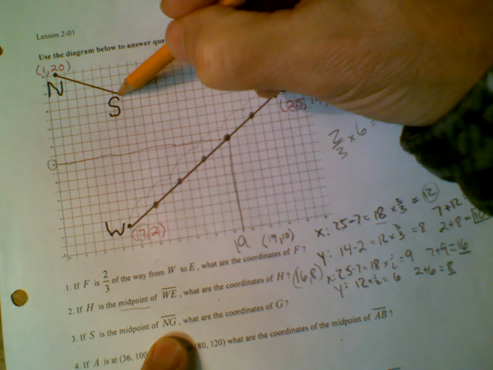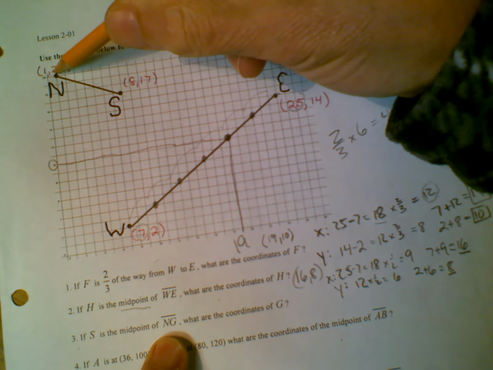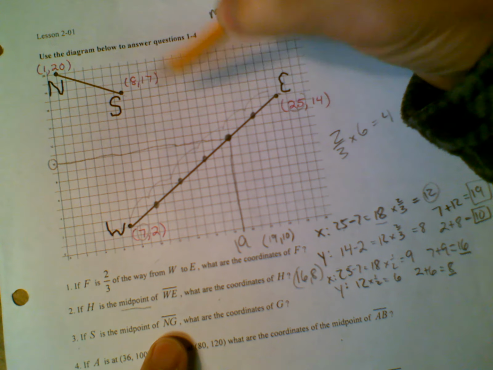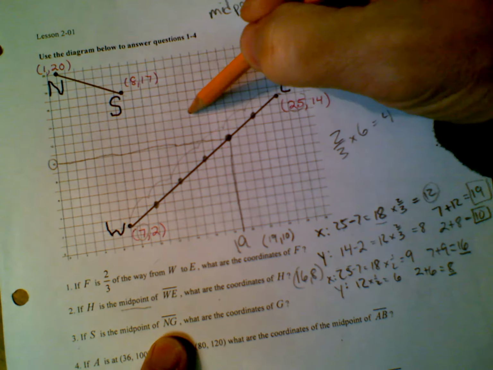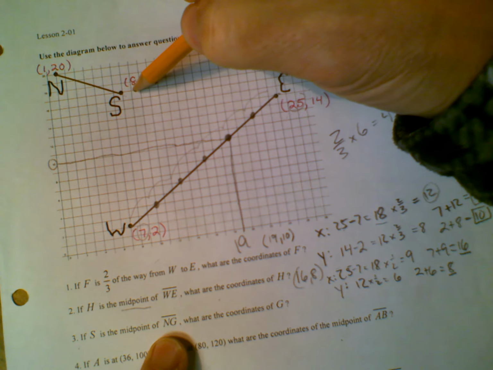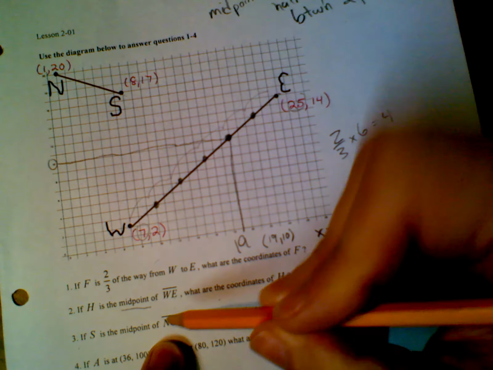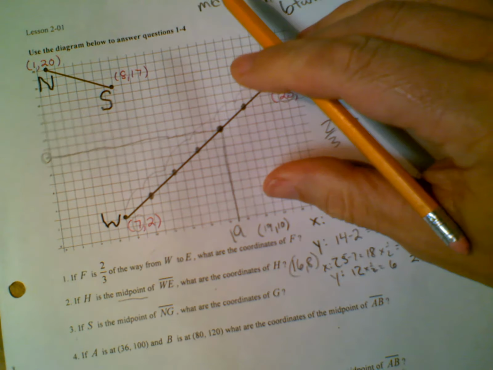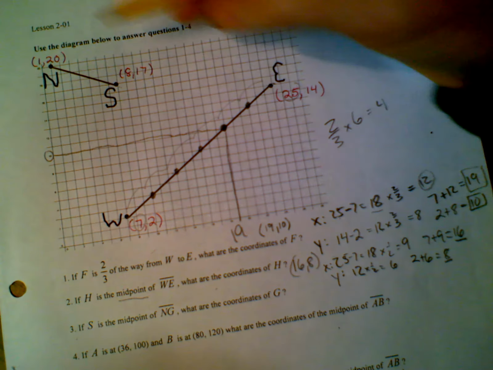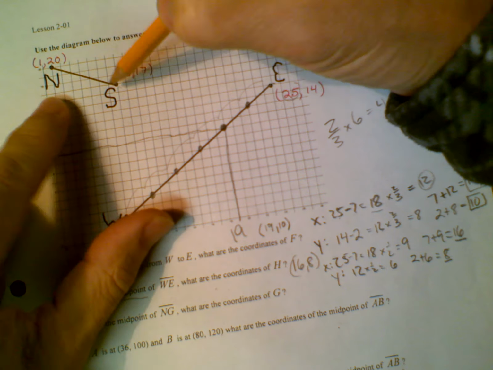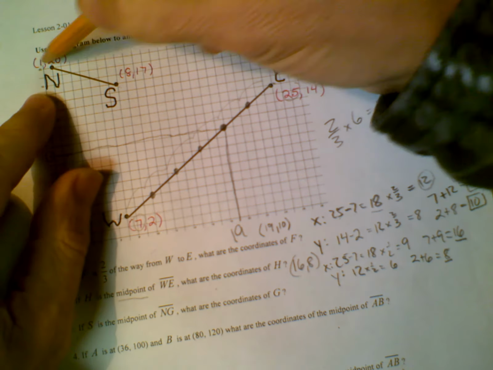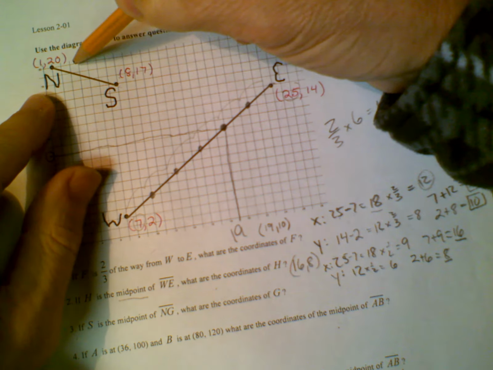Okay. But if S is the midpoint, it must be the same distance from N as it is from that other point G. And once again, we can do some counting to find G, or we could do some arithmetic to find G, or because this is a midpoint problem, we could use this formula. Okay. Now I'm going to do this 2 ways. I'm going to do arithmetic and I'm going to use the formula. If we do some arithmetic, we find that from S to N, in the x direction, 8 minus 1 is 7 steps. Okay.